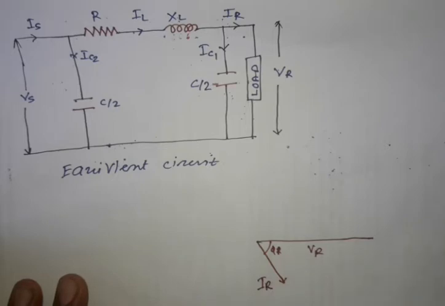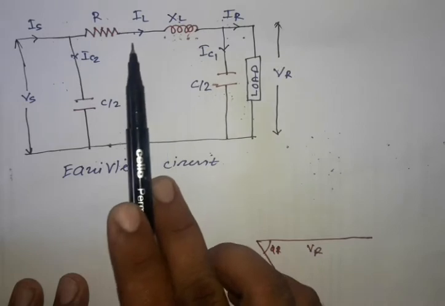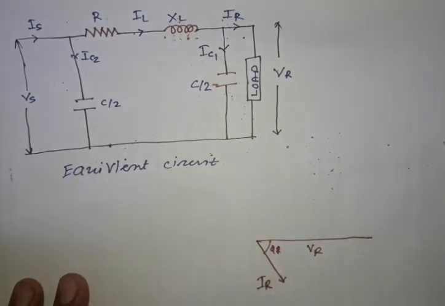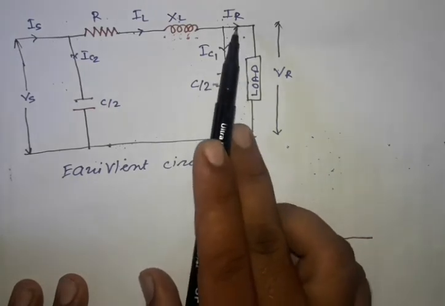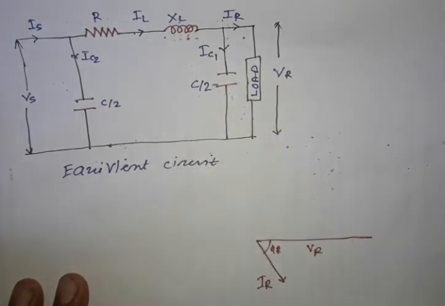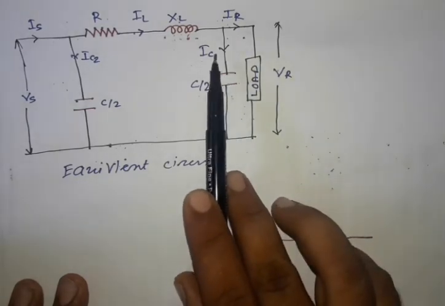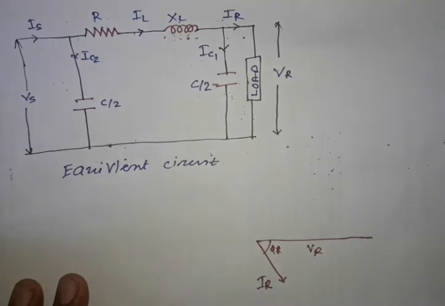Now here we see that current IL will be flowing in the resistance and inductance. So first of all we find the IL current, then we draw the line of drop due to inductance and resistance. Current IL is divided into two parts, IR and IC1. IC1 is a capacitive current, and we assume it is at 90 degrees to the voltage.